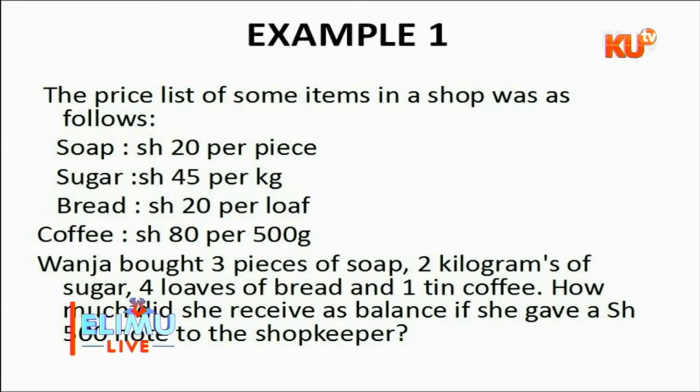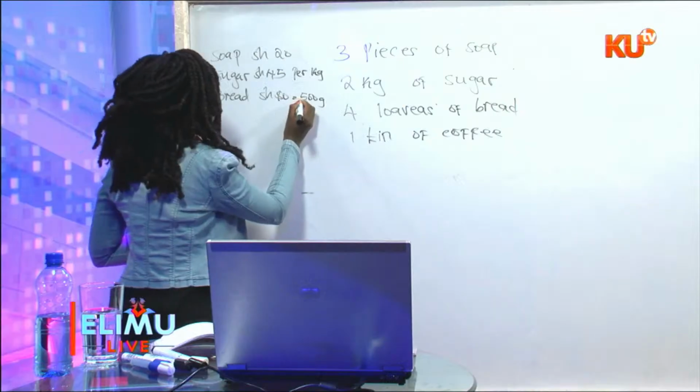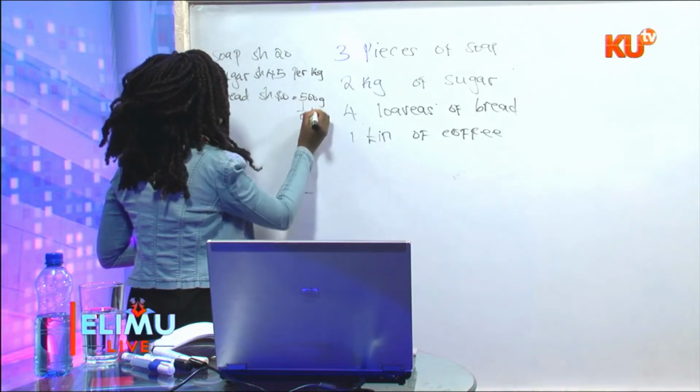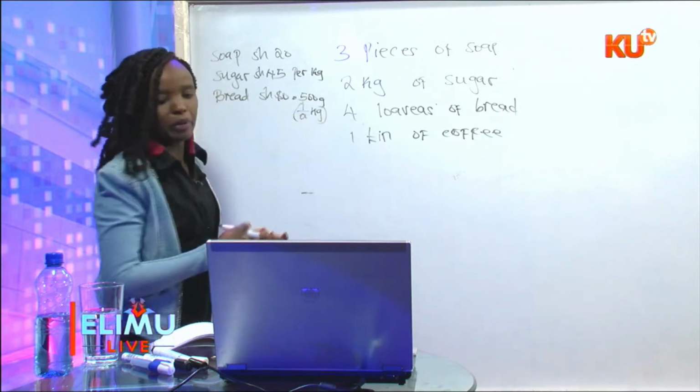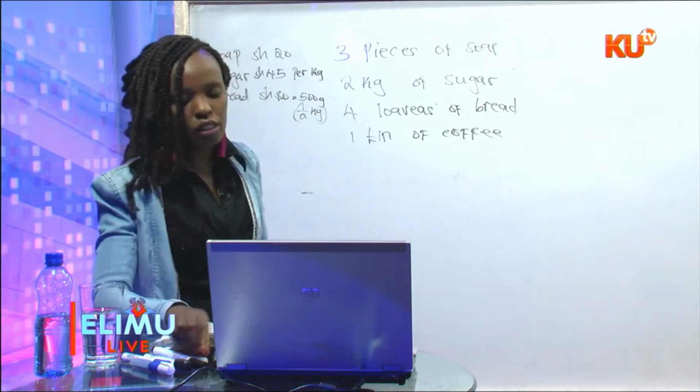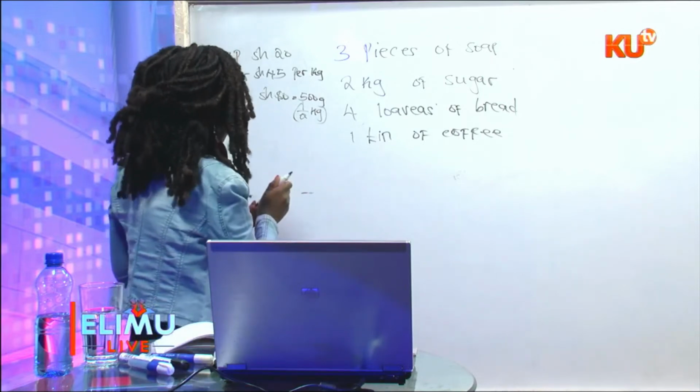Bread costed 80 shillings per 500 grams. So this 500 grams is the same as a half kg. So let's prepare her bill. We see how much she paid.